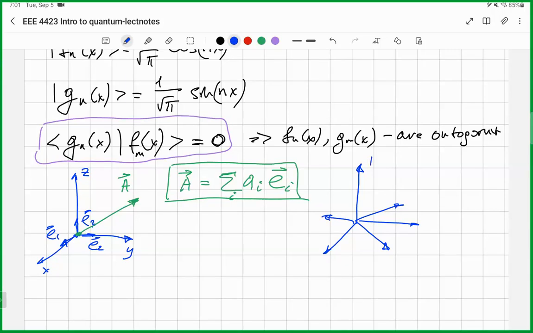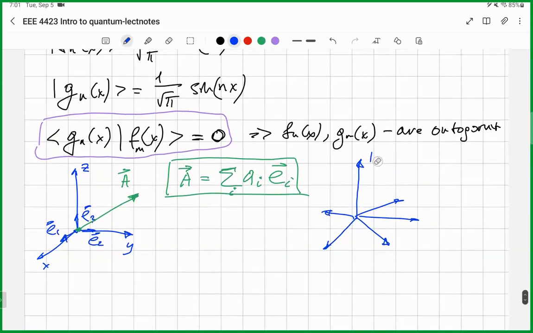For example, this f1(x), f2(x), g1(x), g2(x), and so on up to basically infinity.